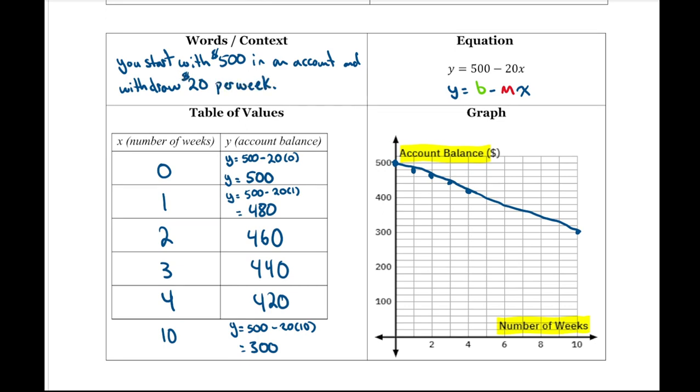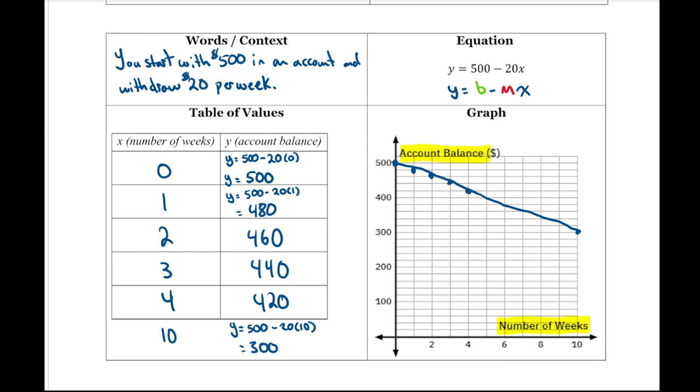So you're taking out $20 per week, so your account is losing $20. So that would be an example of a scenario. You could have something slightly different, but because we're already given the titles of account balance and number of weeks, we do kind of have to keep it somewhat in the same kind of scenario.